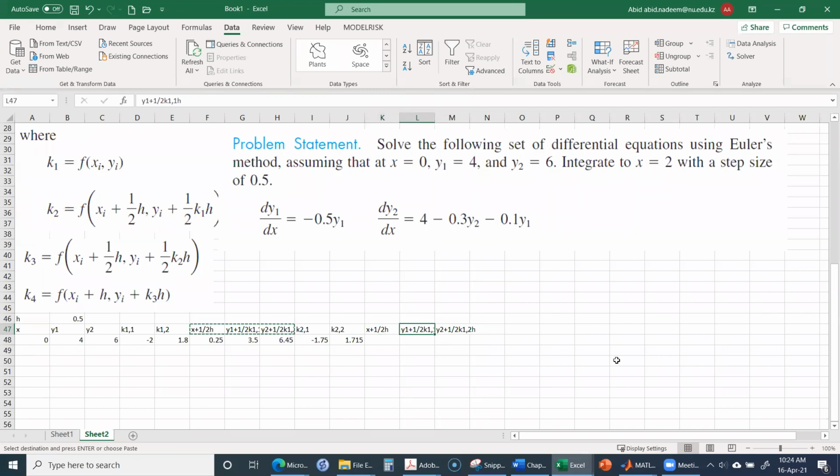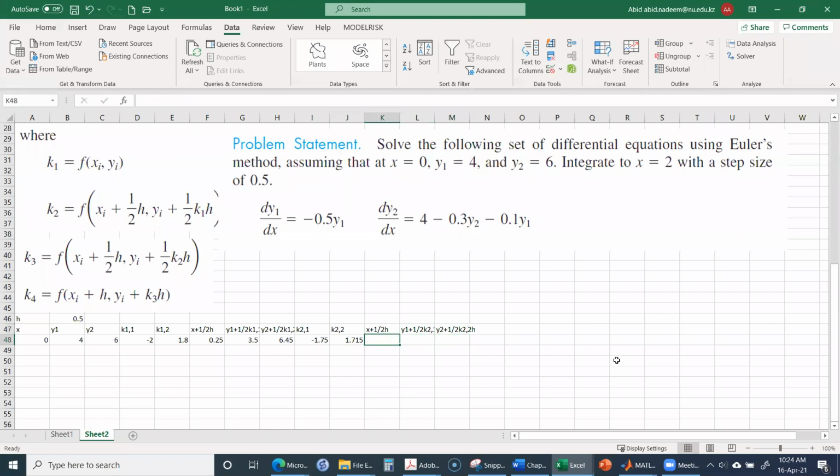So here we will use K2 of the first equation, and then here we will use K2 of the second equation. So K2 of 1, K2 of 2.